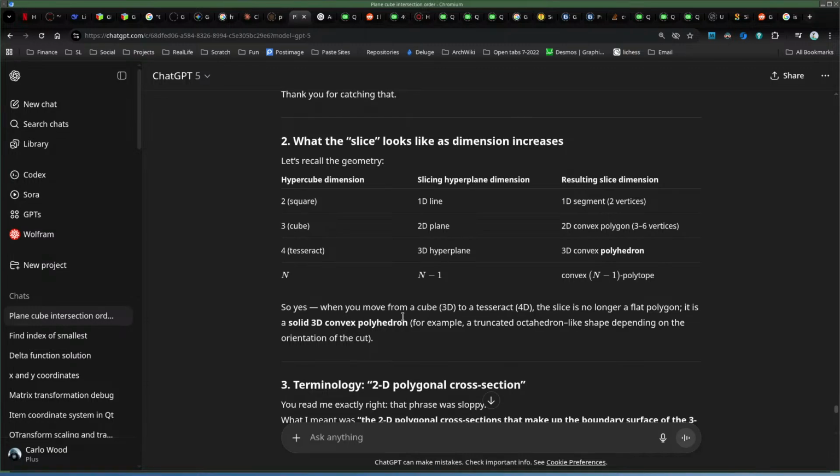So yes, when you move from a cube to a tesseract, the slice is no longer a flat polygon, it is a solid convex polyhedron. For example, a truncated octahedron-like shape depending on the orientation of the cut. Yeah, I was thinking about the octa, but I think it's correct.